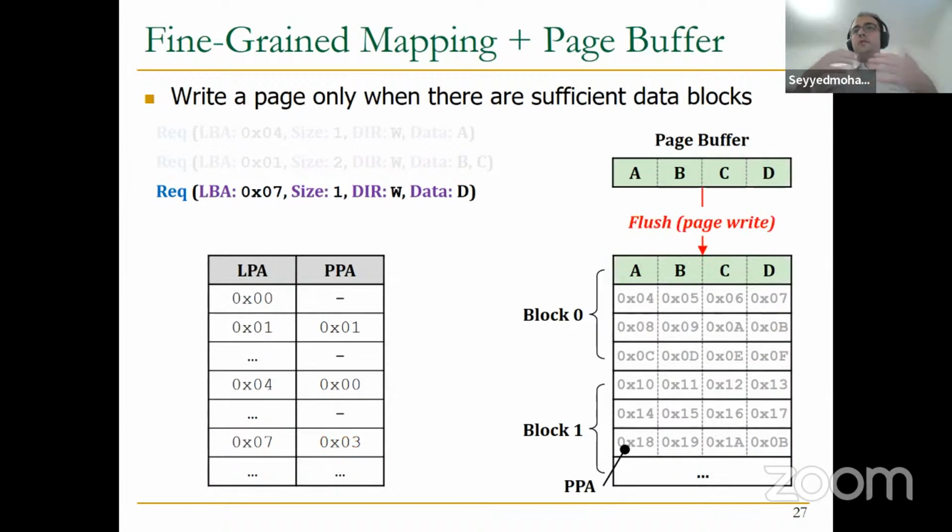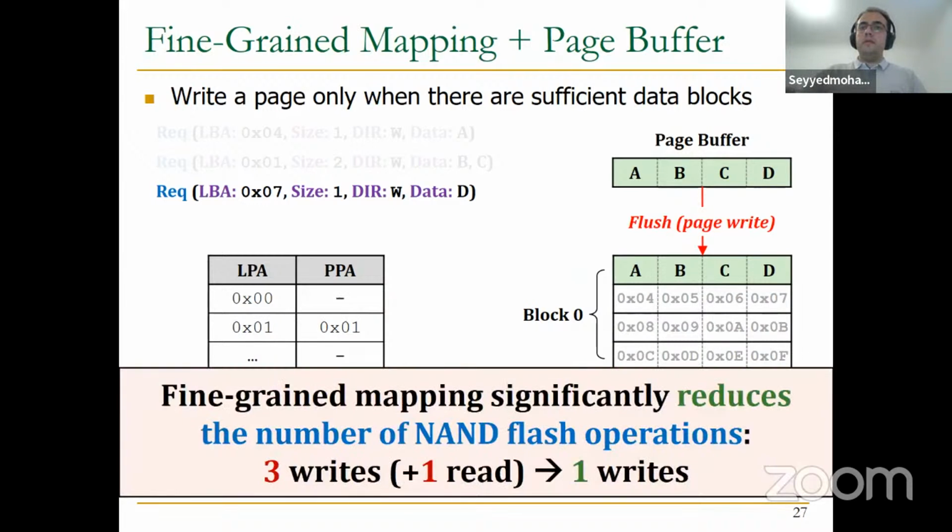We flush the page buffer, which is in DRAM, to the SSD, and we do only 1 page write, ABCD. So with this fine-grained mapping, we significantly reduce the number of NAND flash operations. In the previous example we had 3 writes plus 1 read, but now we have only 1 write, so you can see how efficient fine-grained mapping is.